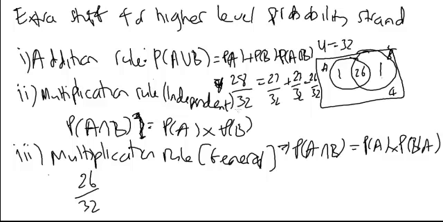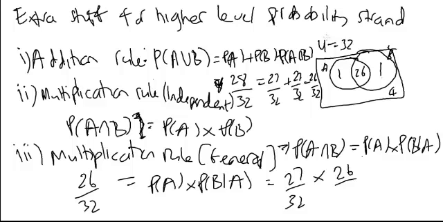The probability of B given A means how many people are of type B given they come from the set A. So I just look at the people who belong to the set A. There are 26 people in the set A who like chocolate out of 27.